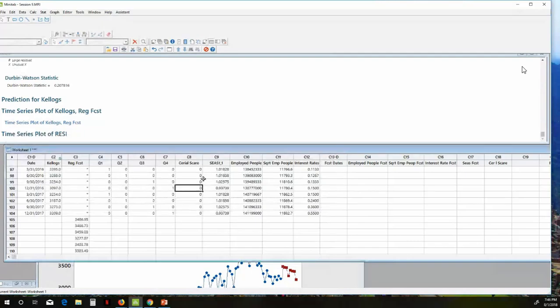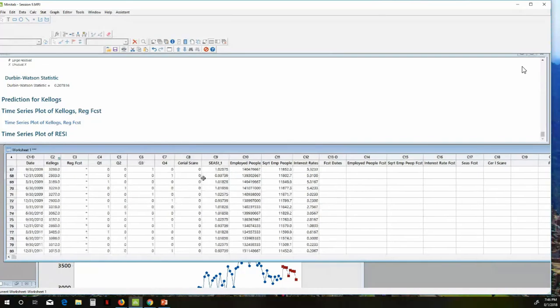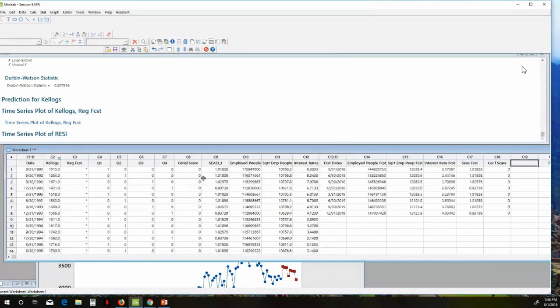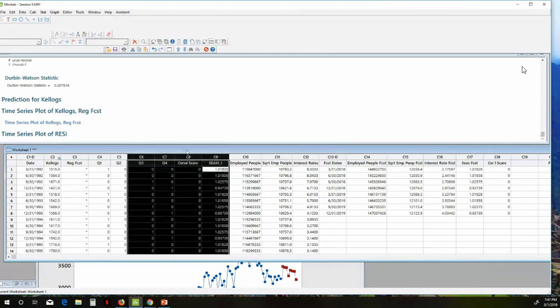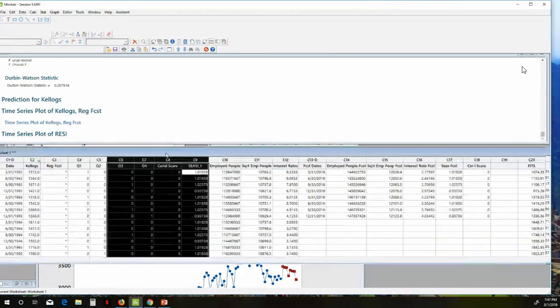So what we need to do is take the fitted values. Did I save the fits and the residuals? Yeah, they are.